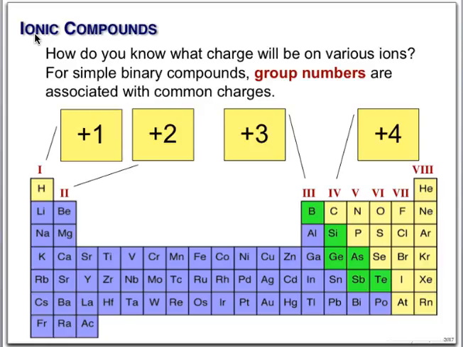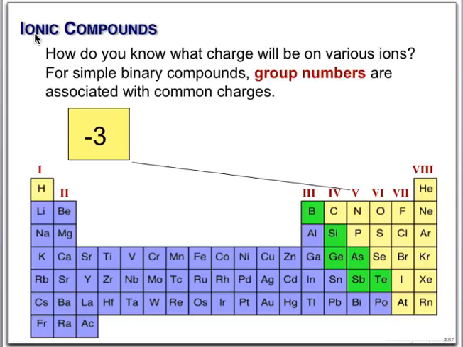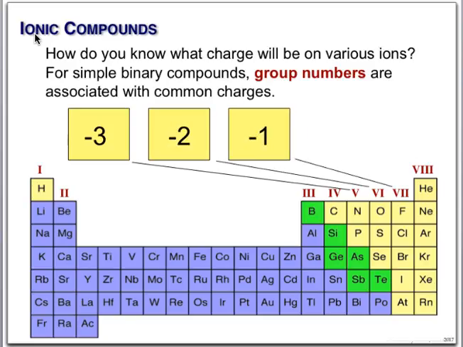In terms of anions, the anions are going to be at this end of the periodic table. In group 5, we're going to have -3, group 6, -2, and group 7, -1. Think about it logically in terms of an octet.